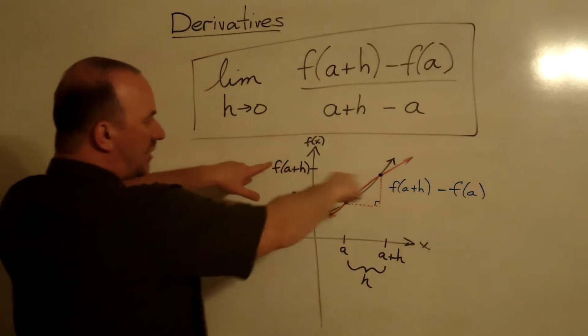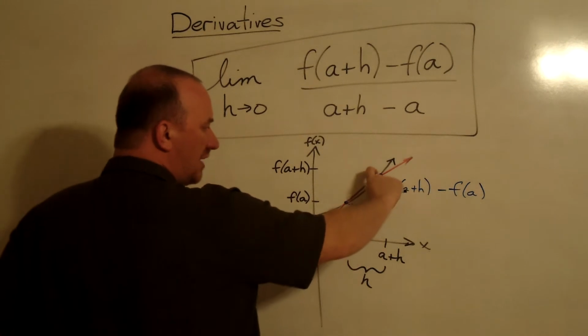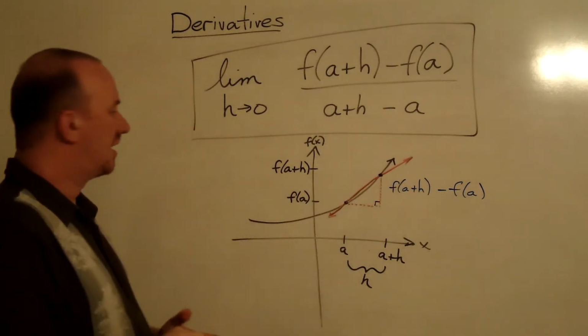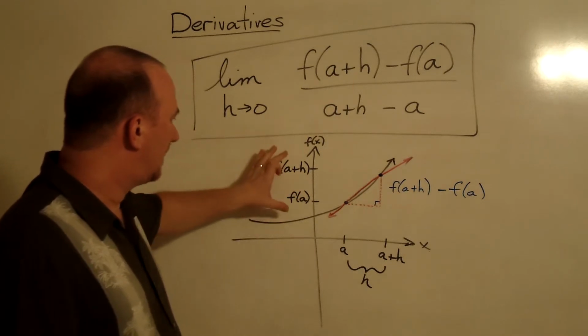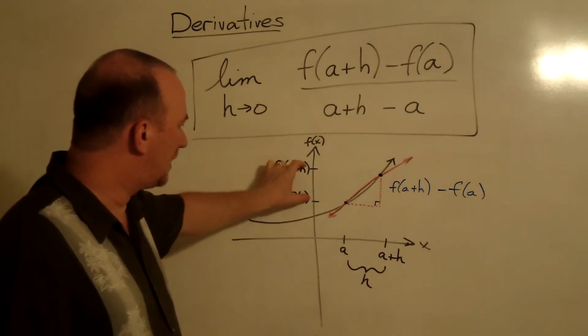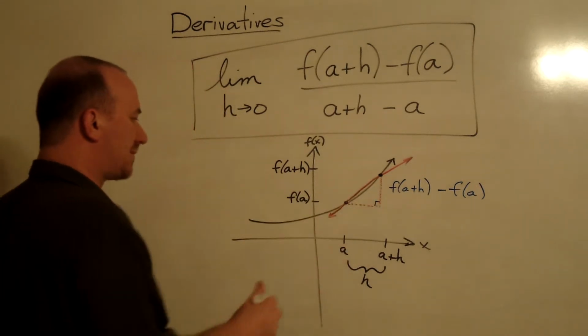It'll be this y coordinate minus this y coordinate. Let's say if this was 10 and this was 8, 10 minus 8 would give you 2. So that's what the height of that triangle would be.